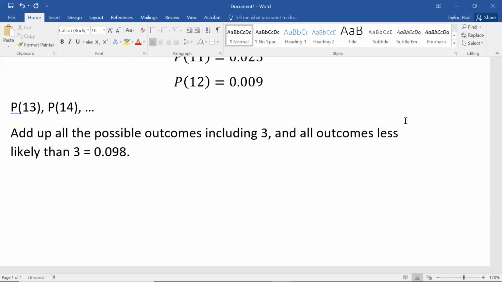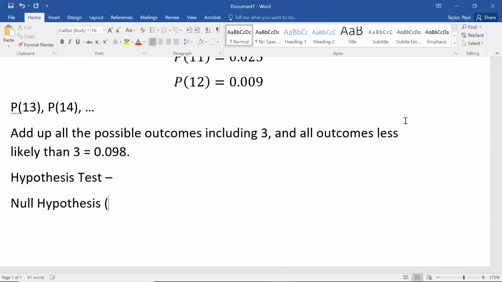Well, what we're kind of doing here is something called a hypothesis test. So how a hypothesis test works is we have something called the null hypothesis.